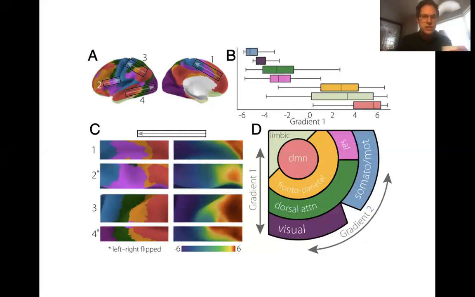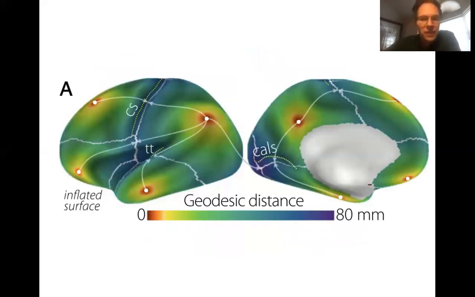If you take a look at each of these red spots, say in figure A, and you start plotting the geodesic distance across the brain's inflated surface, you're going to find that, first of all, these points are about equally distant from one another. The hubs of the default mode network are set up in the brain so that they're about equally spaced from one another.